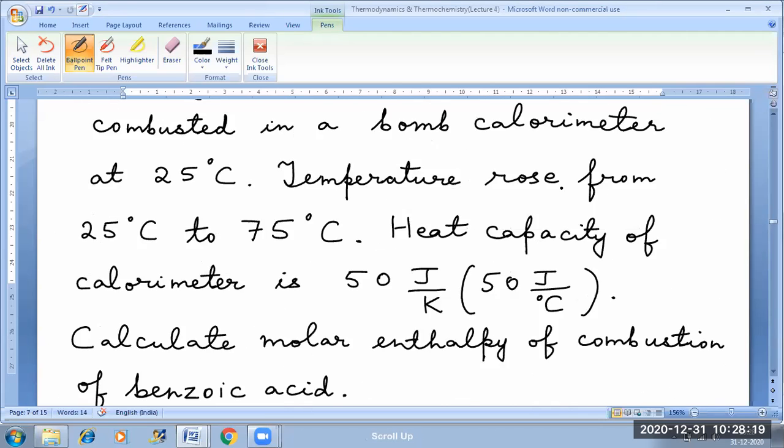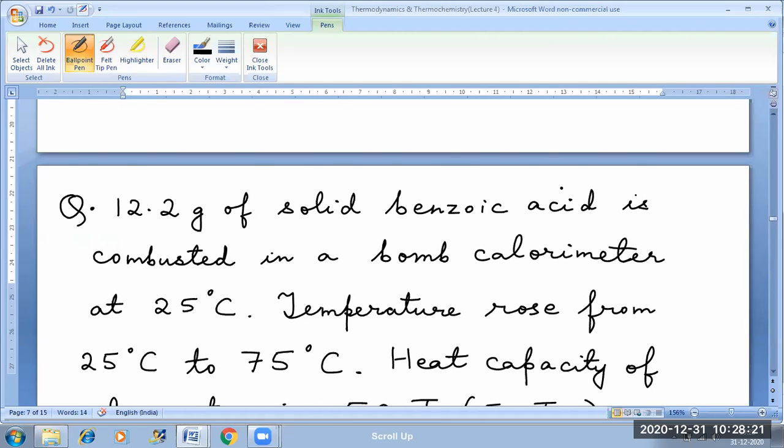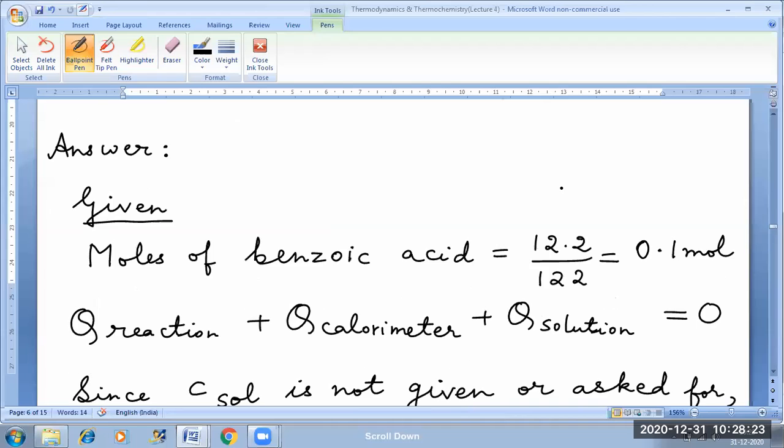How many grams? 12.2 grams of benzoic acid. Grams by molar mass is moles. What is benzoic acid? We have learnt in IUPAC nomenclature that this is benzoic acid. Also, you write like this.